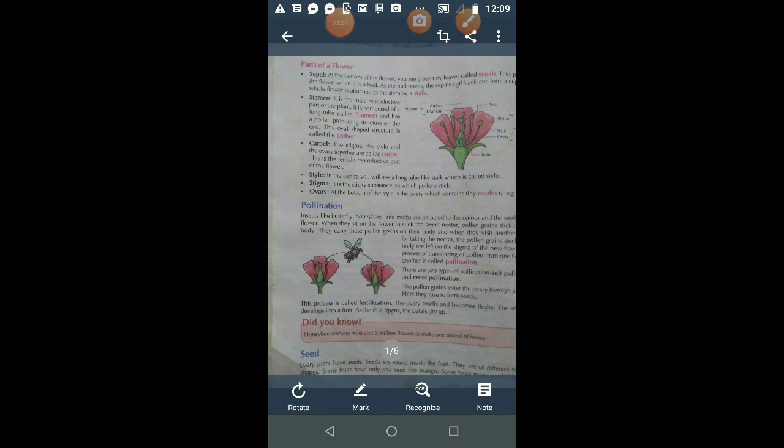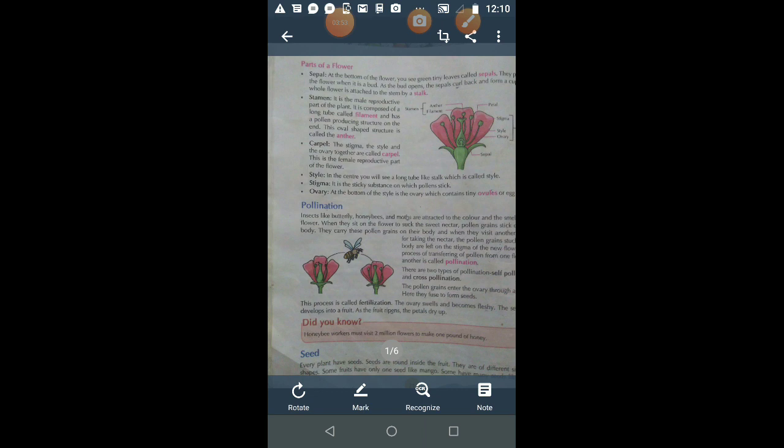There are four main parts of the flower: sepal, petal, stamen and carpels. So sepal and petals are known as the vegetative part of a flower, and stamen and carpels are known as the reproductive parts of a flower. So one more time I will explain stamen and carpel, because they are the reproductive parts of a flower. Then only you will be able to understand what is pollination in a flower.